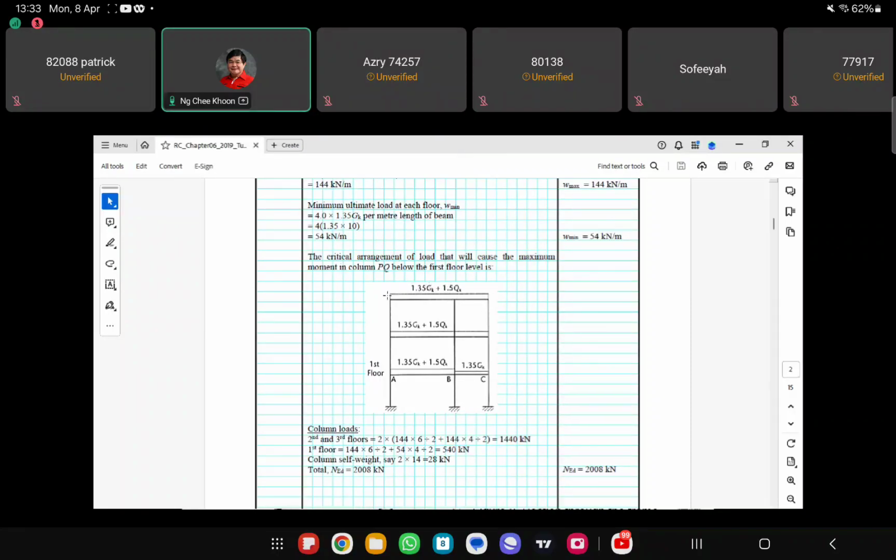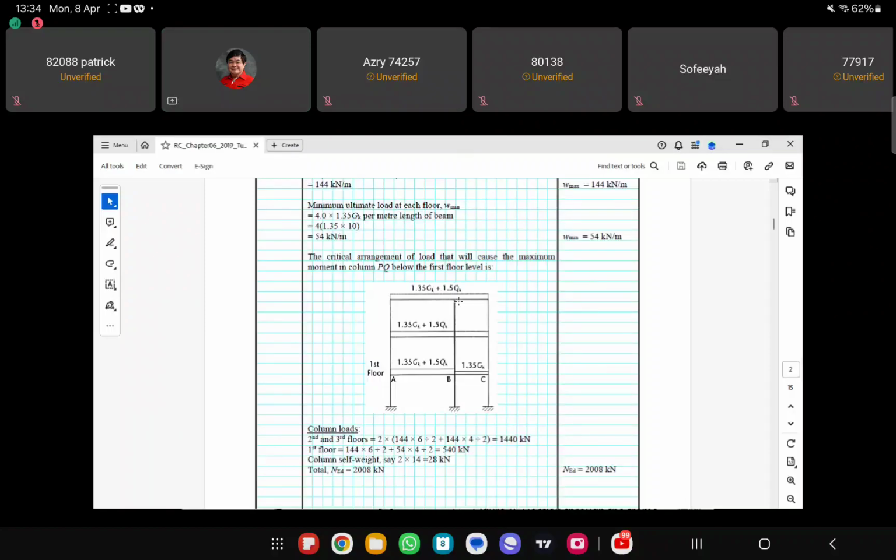So that will be the load transferred to this column here. And then we also have this beam transferring half of its load to this column. So this one is also W max, right? So you have 144 times the length of 4 divided by 2. Half transferred here, half transferred there.